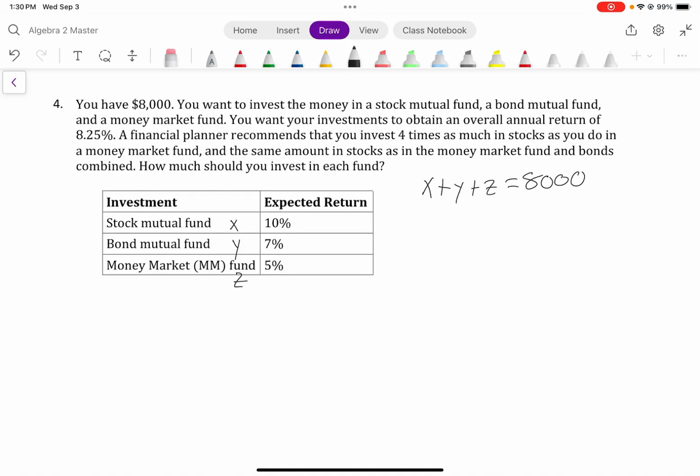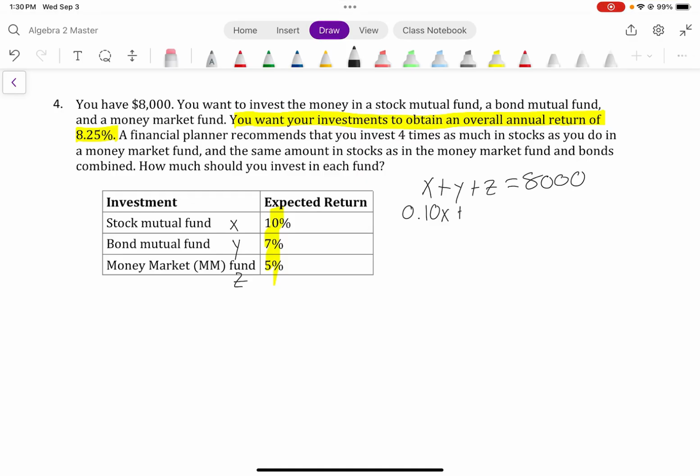So the hardest equation to come up with is based off of this sentence right here. It uses these numbers right here. So if I take 10% of what I put in a stock mutual fund, that's 0.10 times X, that's 10% of return.